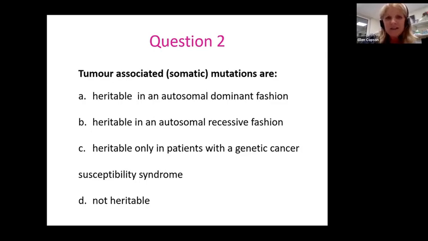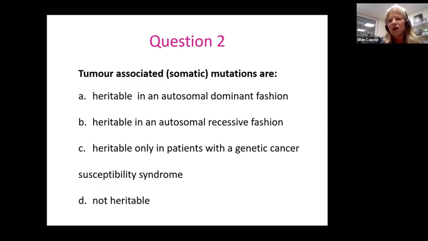The vast majority of you will have got this, but there are a few people who are going for the wrong answer here. So hopefully my next two slides will clarify this. When we are talking about somatic mutations, we are talking about the changes within cancer cells.